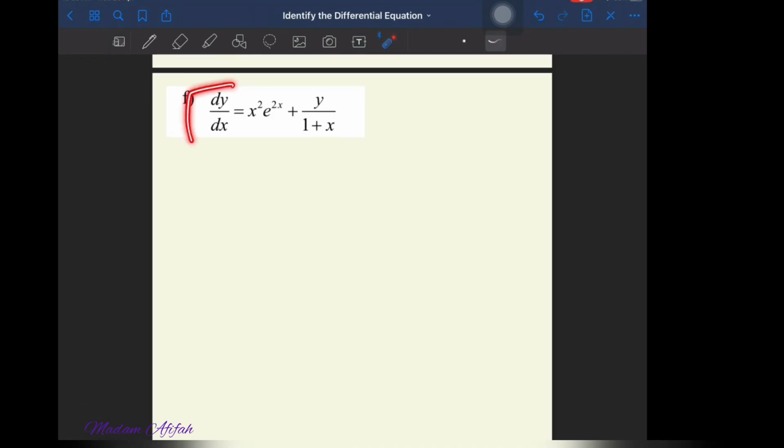So you have dy/dx on your left hand side, and you have a function of x and also a y function over the x function. So as you can see, this one, it is quite similar to the general form of linear equation, which is dy/dx plus p(x)y is equals to q(x).